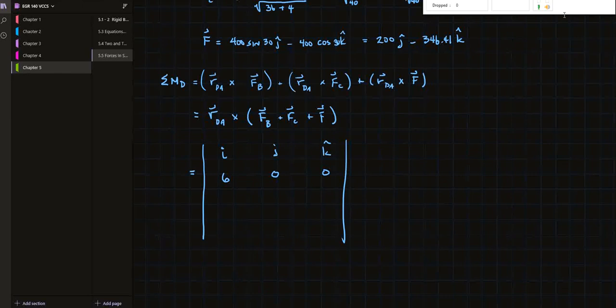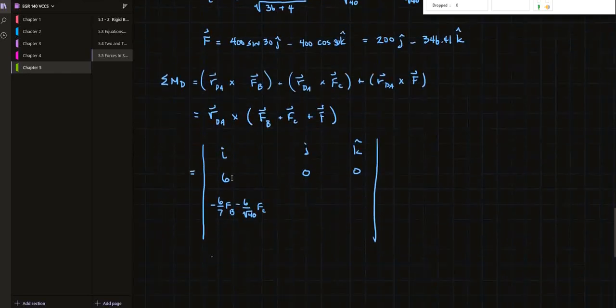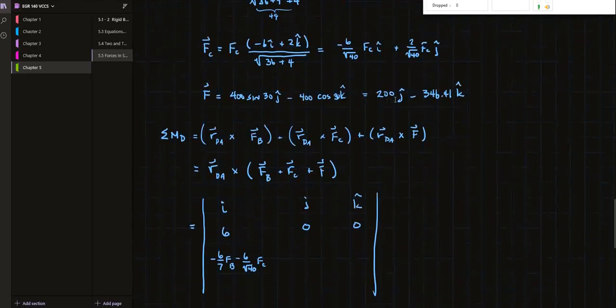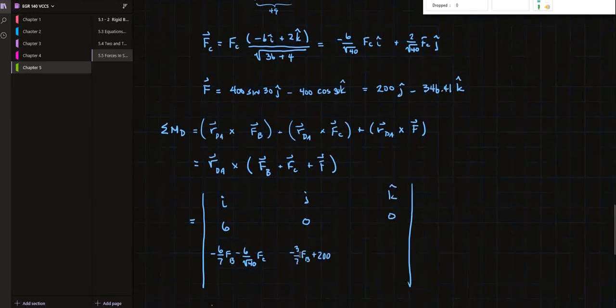And then let's put these in. So then I'll pull the x components, because we're just adding these all up. So the x components then are the i values, -6/7 FB i, 6 over square root of 40 FC i, and there is none in F. So those are my first term. My second term is just those two j values, and then this is the big term.